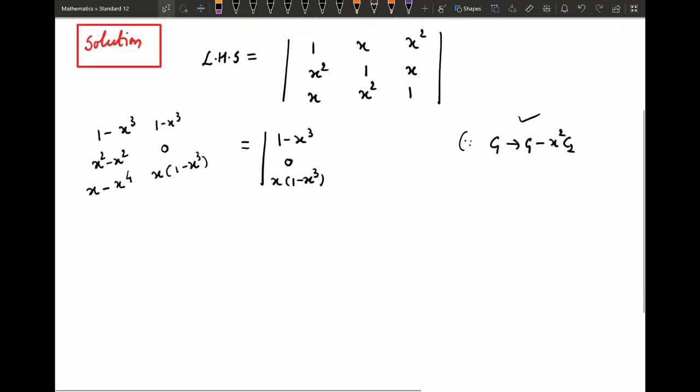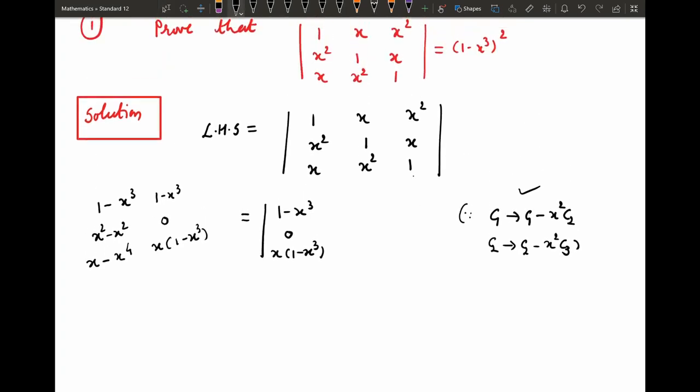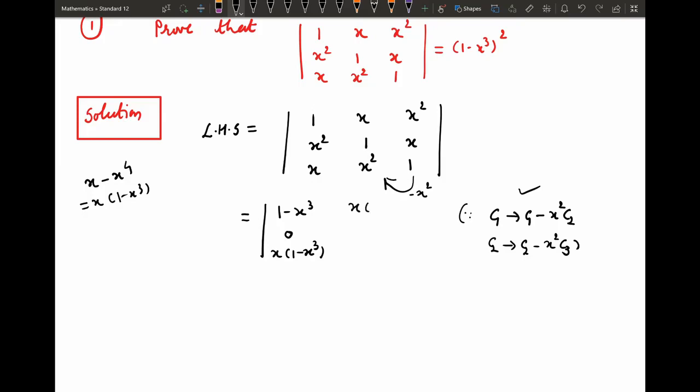After this we will perform C2 to C2 minus x square into C3. So multiply this by minus x square and add in the corresponding entries of second column. So new second column, it will be x minus x raised to 4. So here simplification it will be, if we take x common, 1 minus x cube. So here x into 1 minus x cube.